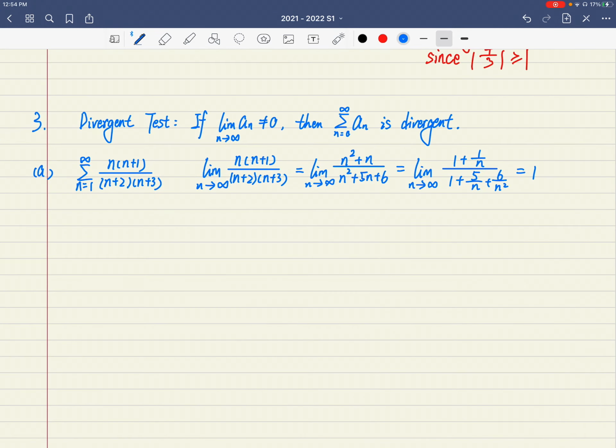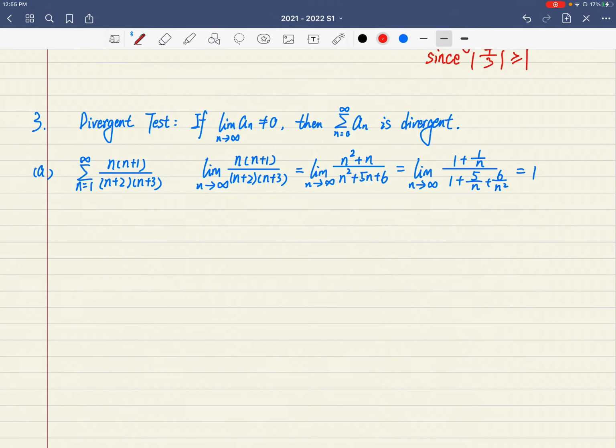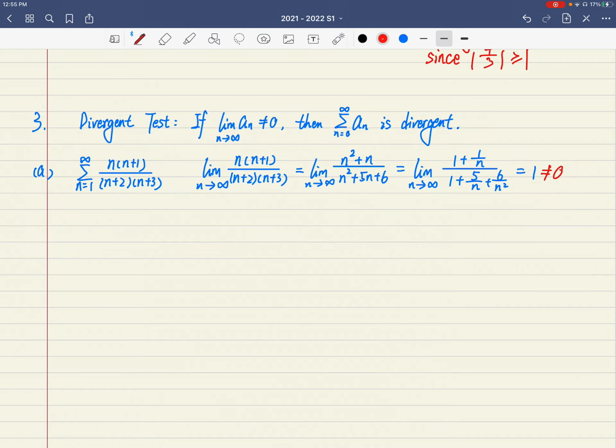The result is 1. So the limit of the sequence is not 0, so by the divergence test, the series must be divergent. You can quickly conclude that this series is divergent.